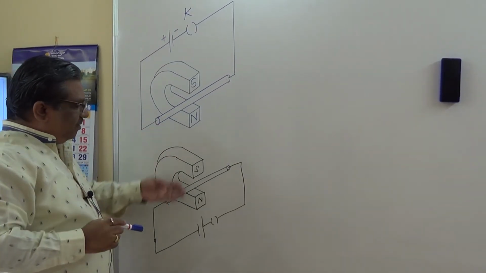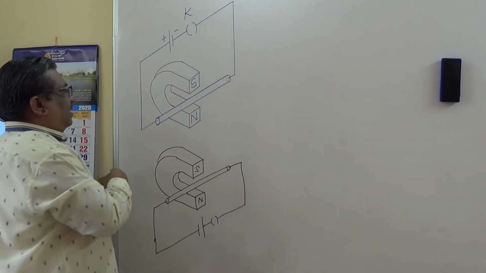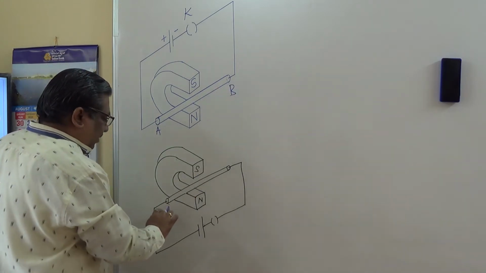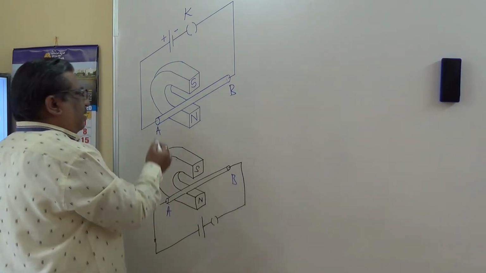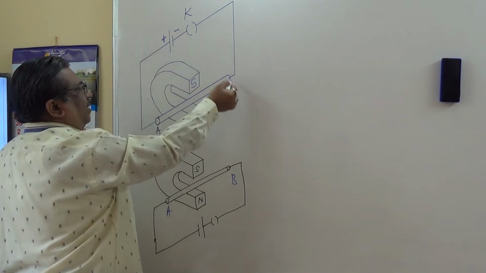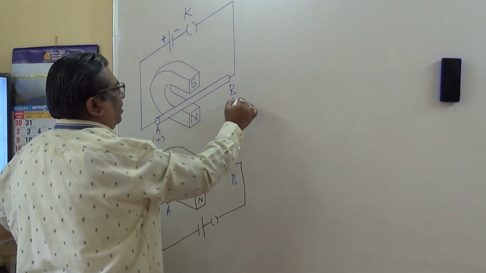Similar arrangement I have done once again here. If I mark the ends as A and B, this is also A and B here. Here this A terminal is connected to the positive terminal, and B is connected to the negative terminal. So I will mention here B is negative.